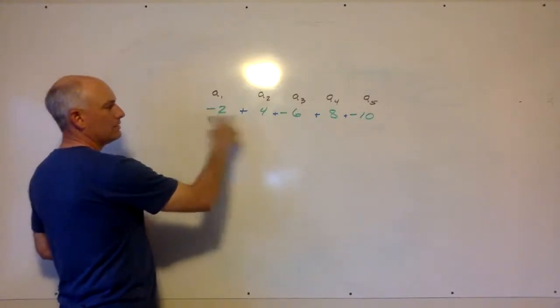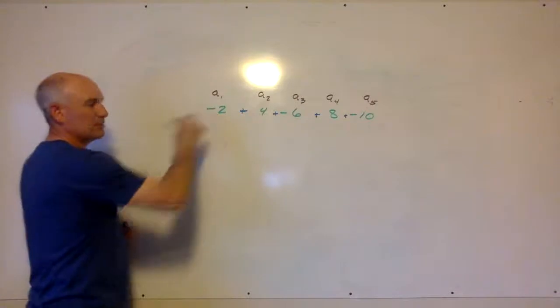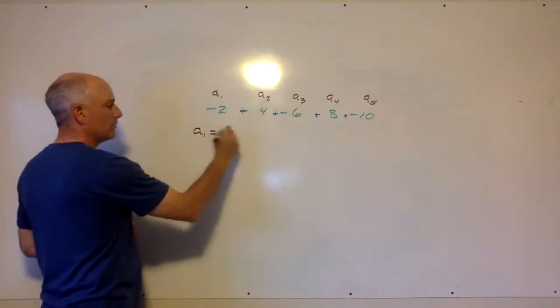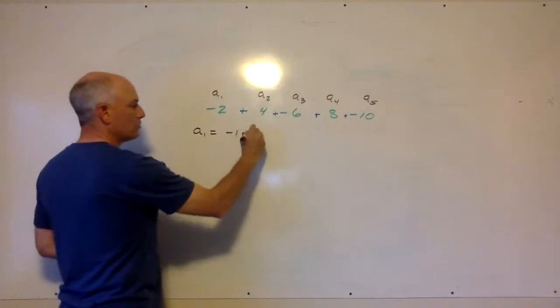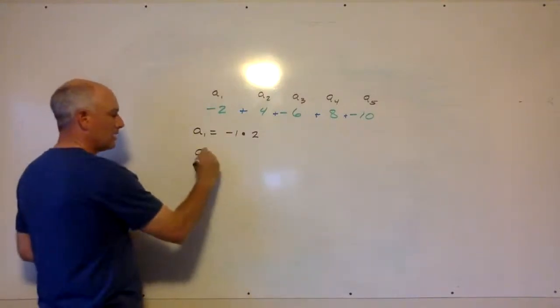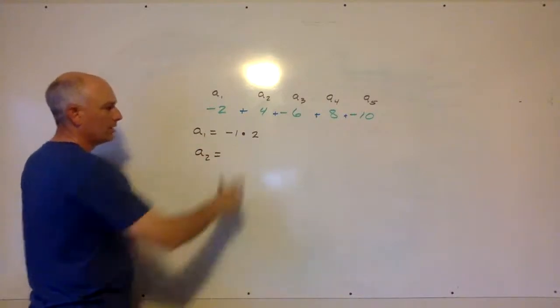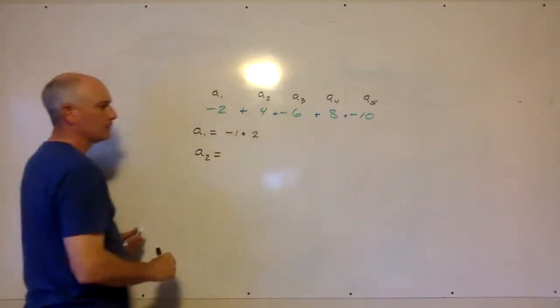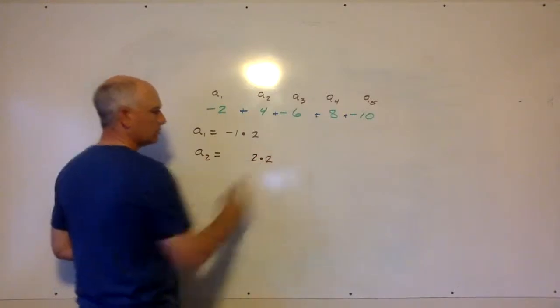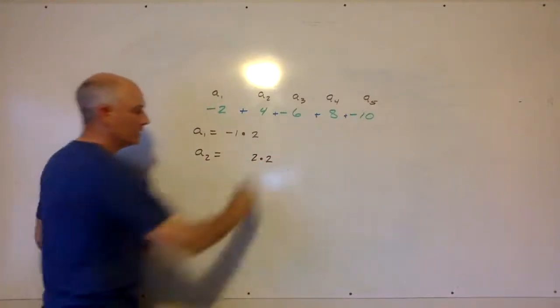Now, because there's a negative here, let's maybe isolate that negative. Could we say in a sub 1 that it's negative 1 times 2? Sure. A sub 2, if we've got to get to a 4, we could say 2 times 2. Okay, that would be okay.